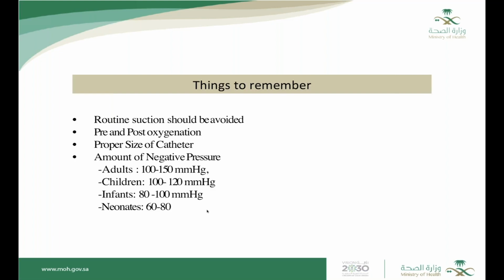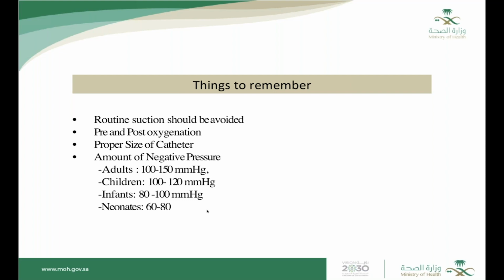Here, things to remember: routine suction should be avoided. I saw in some areas where every time they pass by the patient and they know that he has secretion, they will just go ahead and do a suctioning procedure. And we always say try to avoid that.